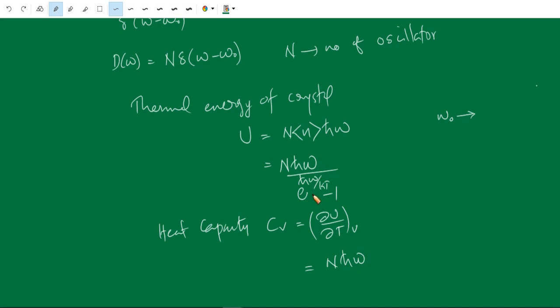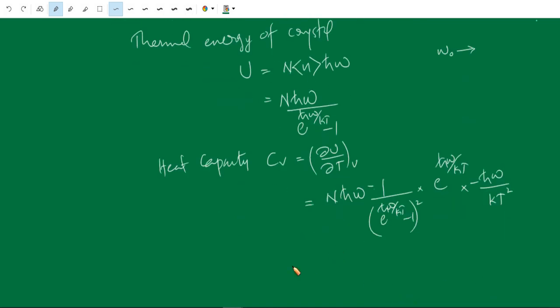The denominator is a function of temperature, so the derivative will become minus 1 by (e raised to h cross omega by kT minus 1) square, into e raised to h cross omega by kT, into minus h cross omega by kT square. So this is the derivative of this thing.